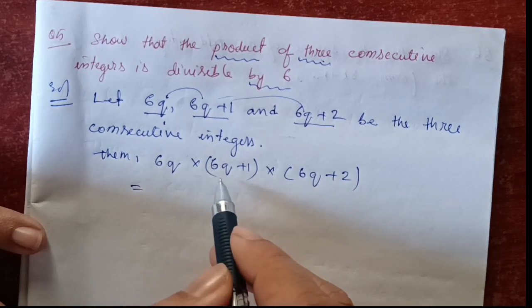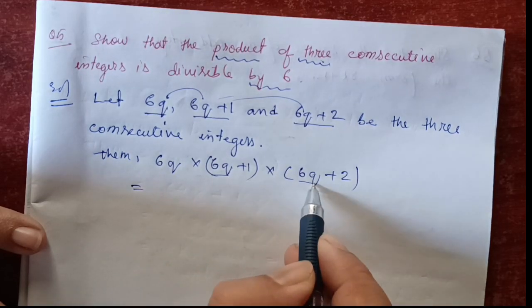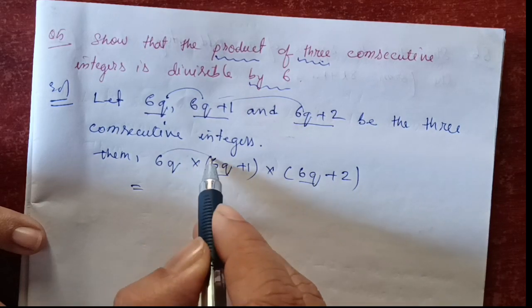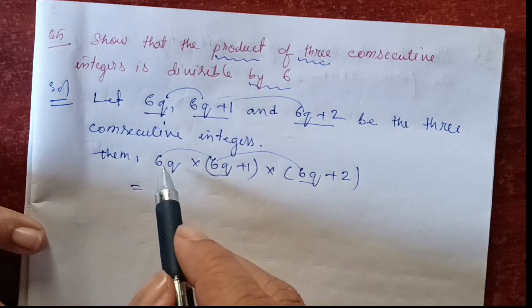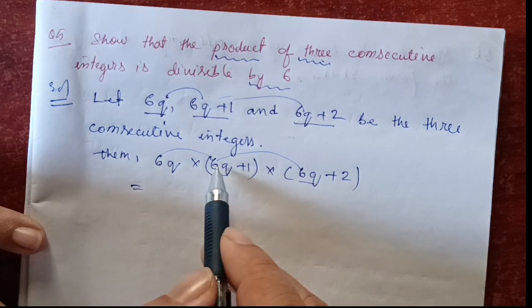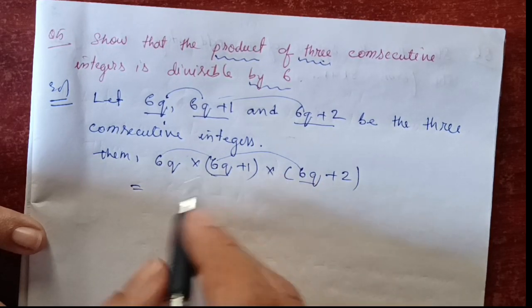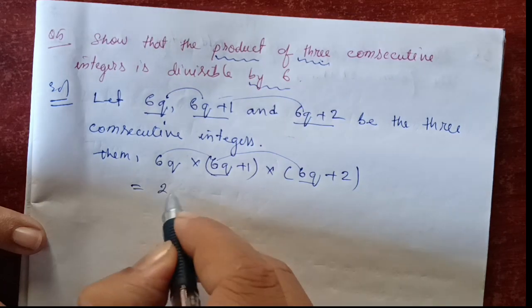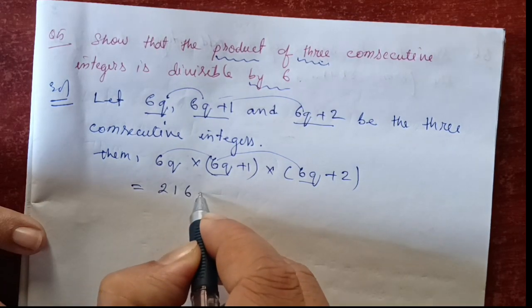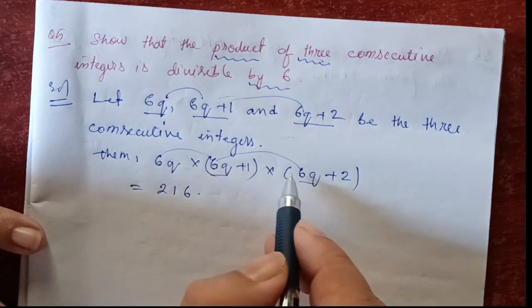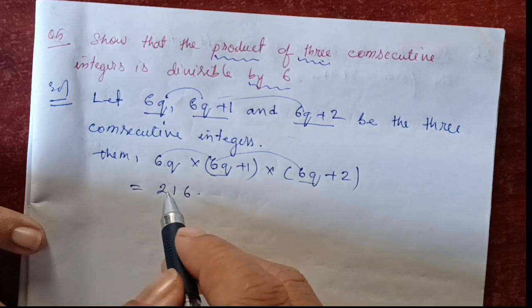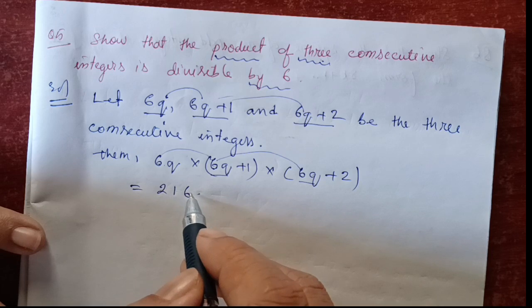Okay, so first, the first number we are going to multiply. So 6 into 6, then 6 into 6. Okay, so 6 multiplied by this 6 and multiplied by this 6, you will get 216. You check yourself: 6 multiplied by 6 multiplied by 6, you will be getting 216.